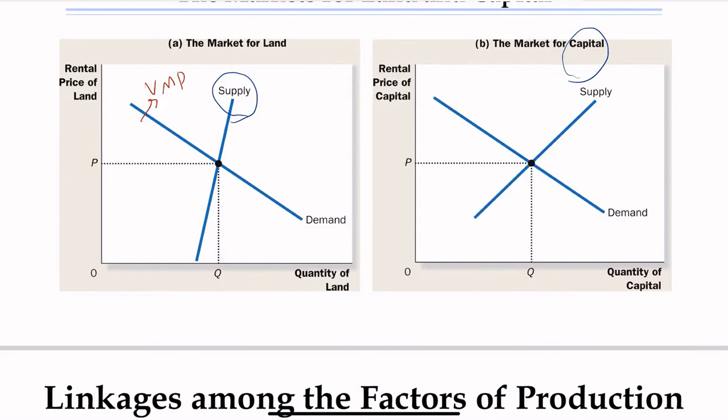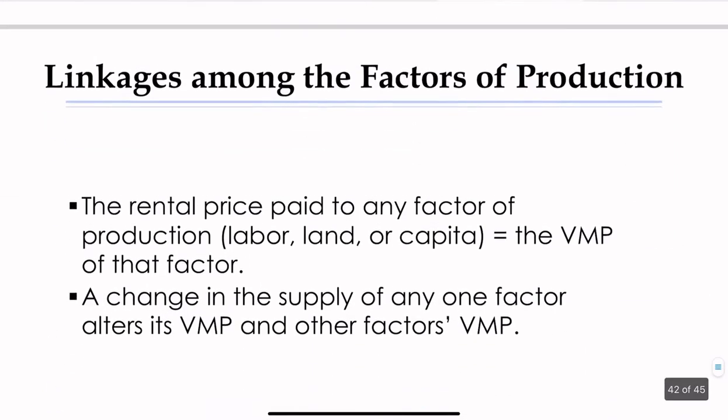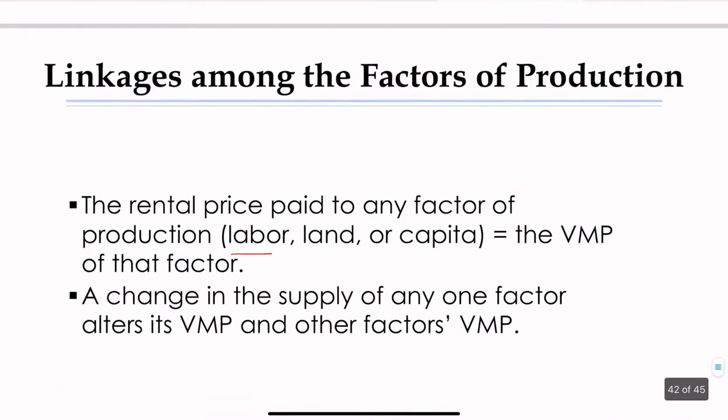And now you can see that in equilibrium, price equals value of marginal product, right? Because this point also gives you the value of marginal product. So this tells you that no matter whether we are talking about labor, land, or capital, the price paid to labor, land, or capital should always be the same as the value of marginal product of that factor.